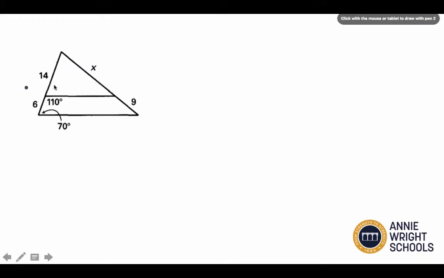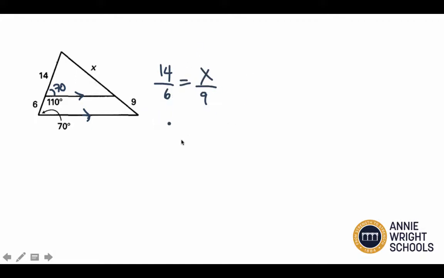Pretty straightforward example. This is 70, this is 110, so I know this is 70, so I know these are parallel. And what that means is I know 14 is to 6 what x is to 9. Or said another way, 14 is to x what 6 is to 9, however you want to write that.